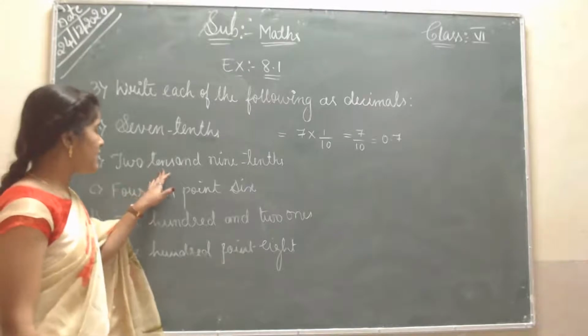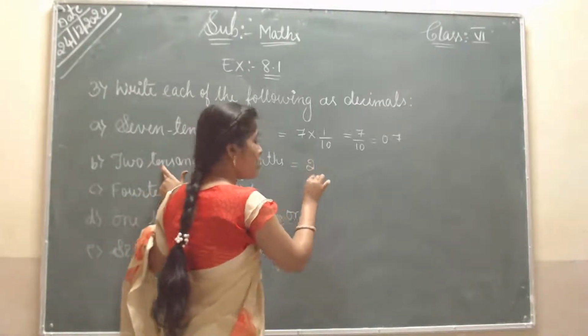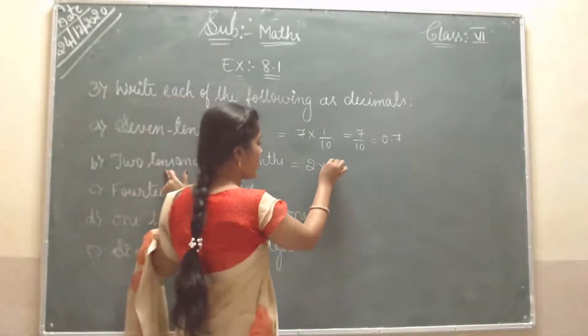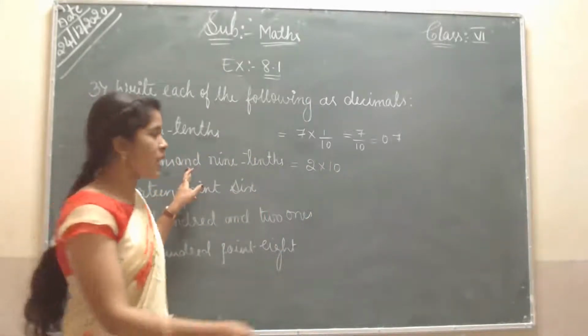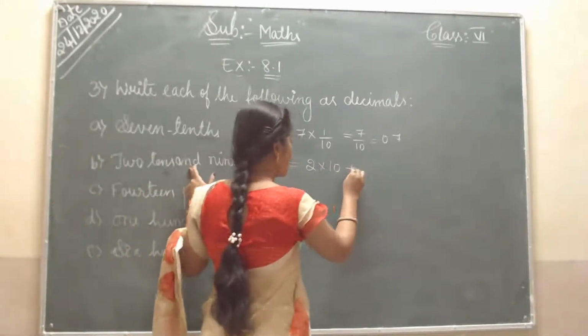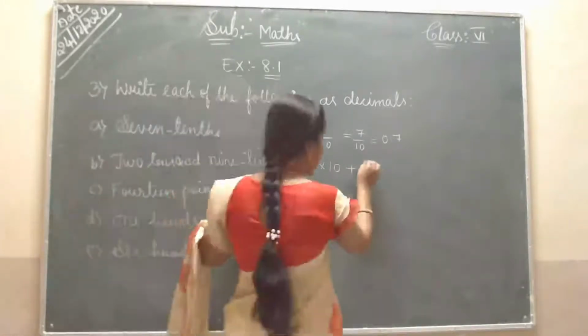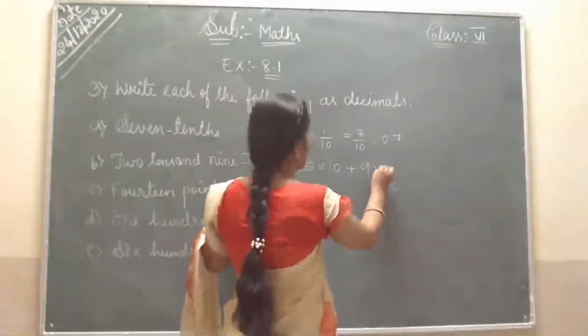Okay, so next one is 2 tens and 9 tenths. See here, the statement. 2 tens means 2 into 10, and we have to add 9 tenths. 9 tenths means 9 into 1 by 10.